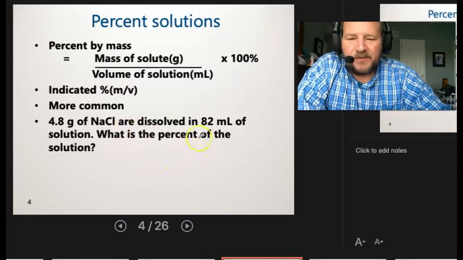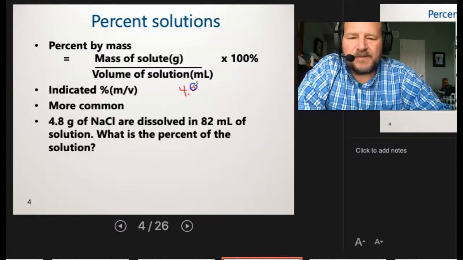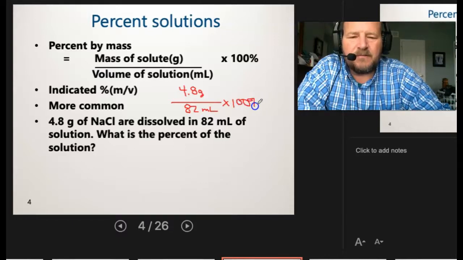4.8 grams of sodium chloride are dissolved in 82 milliliters of solution. What is the percent of the solution? So again, we're going to do it the same way. We take 4.8 grams, divide that by 82 milliliters, and then multiply by 100%.